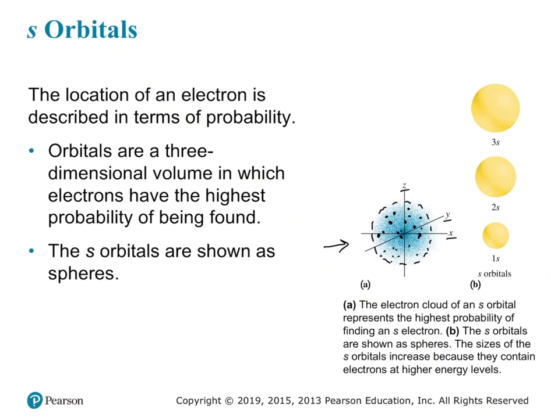So s orbitals have a spherical shape. And this is just determined again through computer simulations. So this electron cloud represents the highest probability of finding an s electron. Now, remember that each energy level has an s orbital.